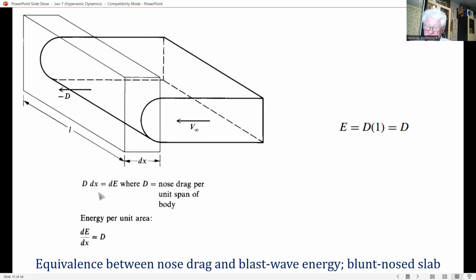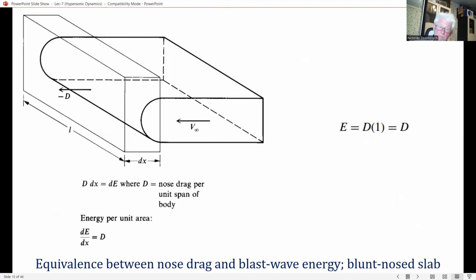times dx. Because work is energy, right? Then the amount of energy per unit span deposited in the air is dE, which we may write as dE equals D times dx.